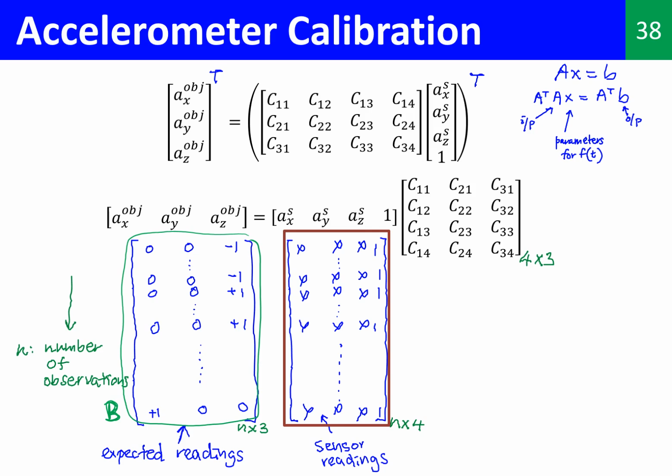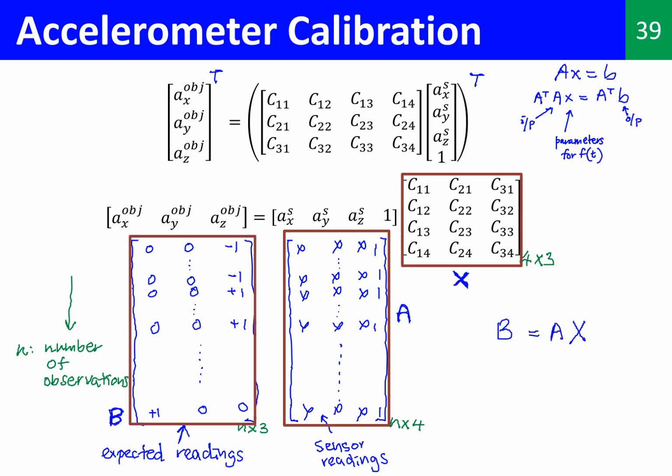And combine all the X vectors together to form a capital X matrix. So all this would become the capital X matrix, so that our equation becomes capital B equals capital A times capital X. Okay. There will be no difference to the technique we learned, even though we have matrices instead of vectors now.